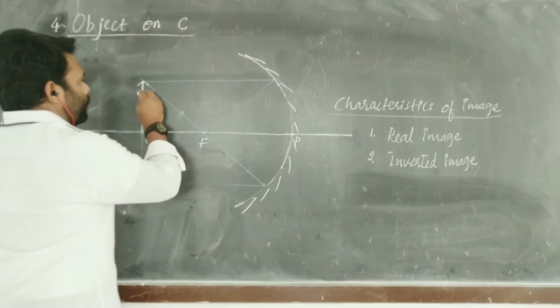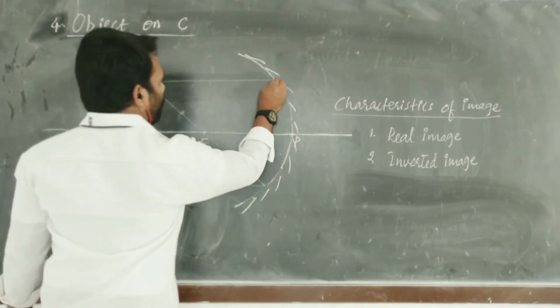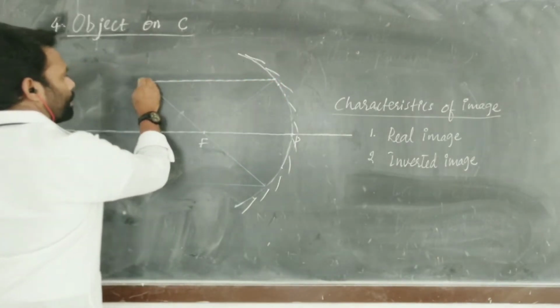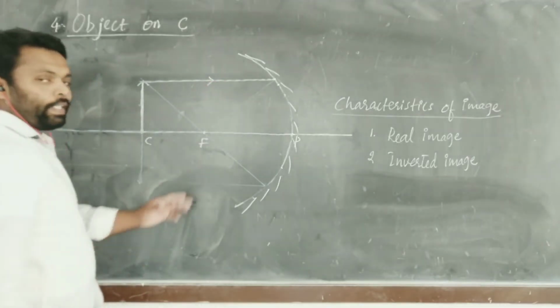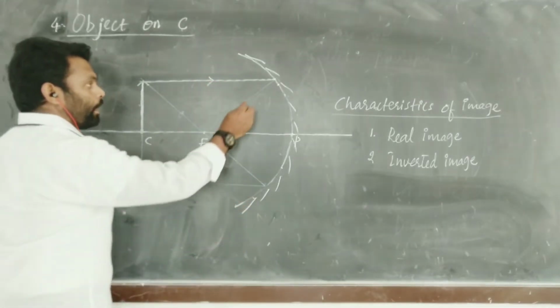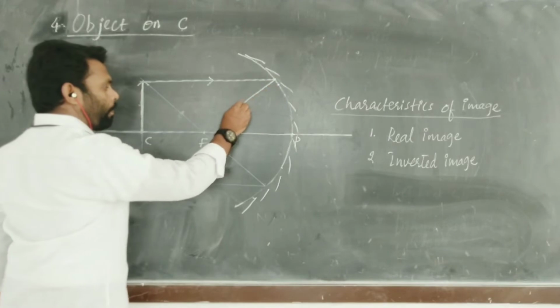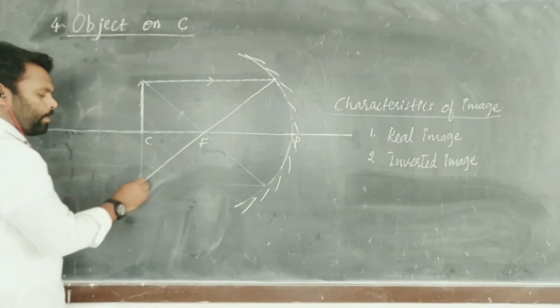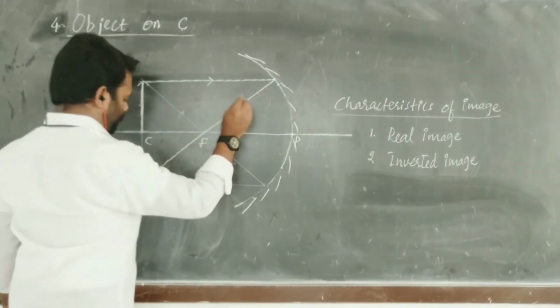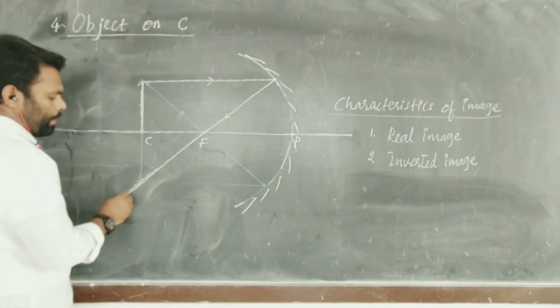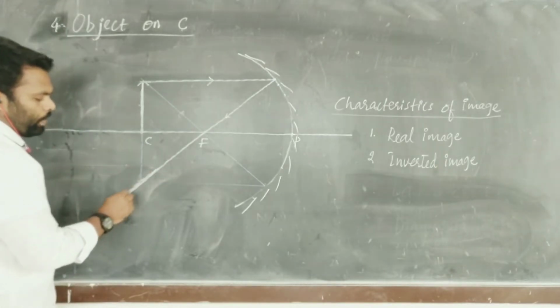The first light ray is parallel to the principal axis. The light ray that is parallel to the principal axis, after reflection, passes through the focus.